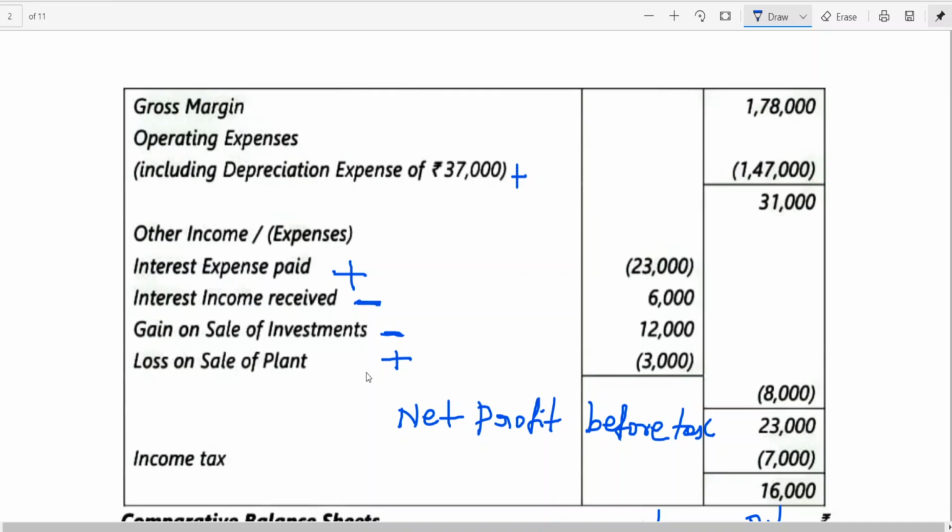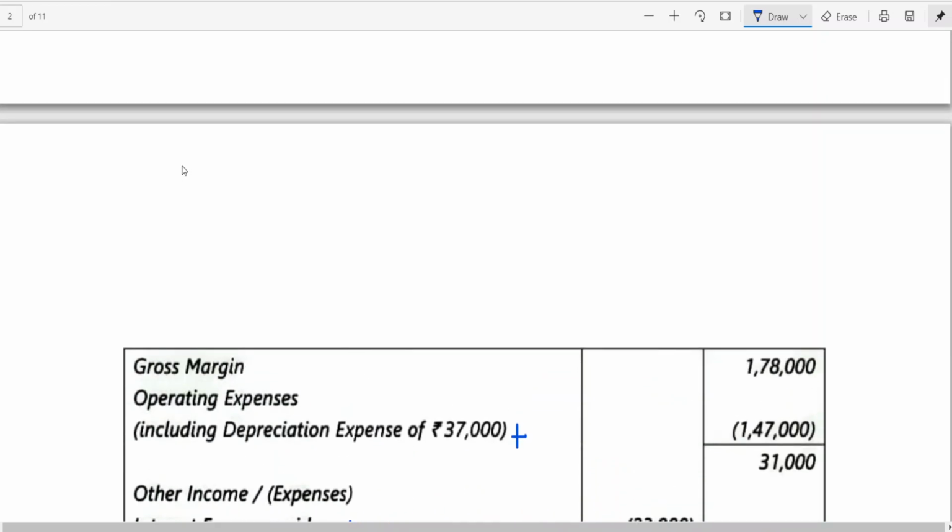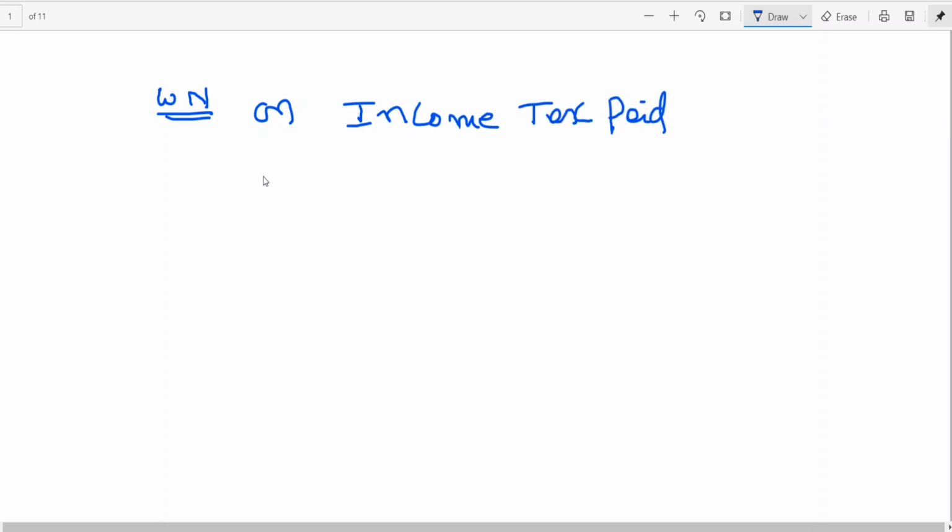Okay. Then next, when you look at the income tax part, we discussed that income tax treatment by taking small working notes. So I'm taking working notes on income tax paid here, as I got the space.